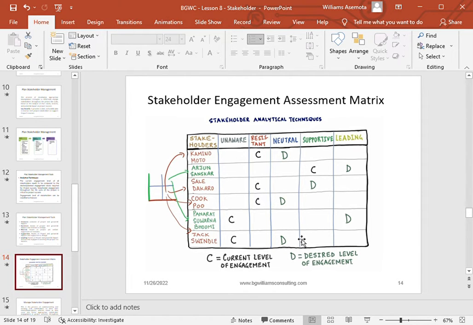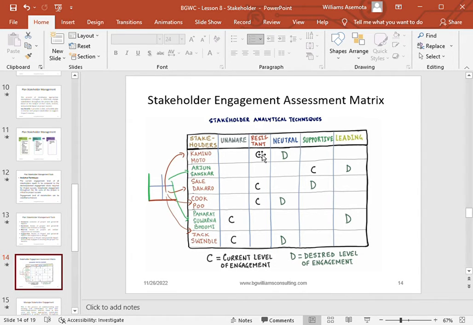Now, why do you need this as a project manager? So that you can quickly resuscitate and re-strategize on how to effectively engage your stakeholder.